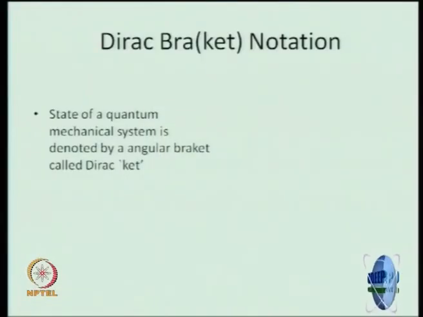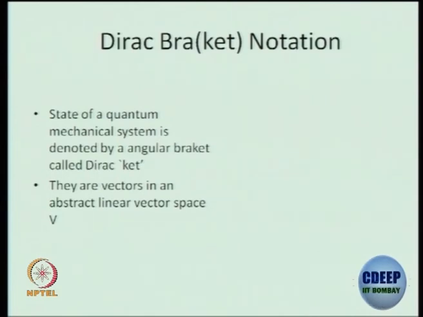Okay, here is a block summary of what I said right now, which is the Dirac bracket notation. The state of a quantum mechanical system is denoted by an angular bracket, which was called by Dirac a ket, and they are vectors in an abstract linear vector space.